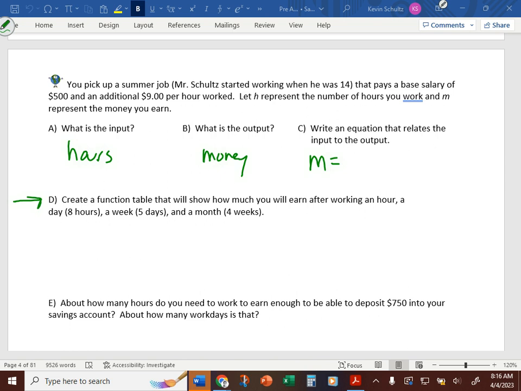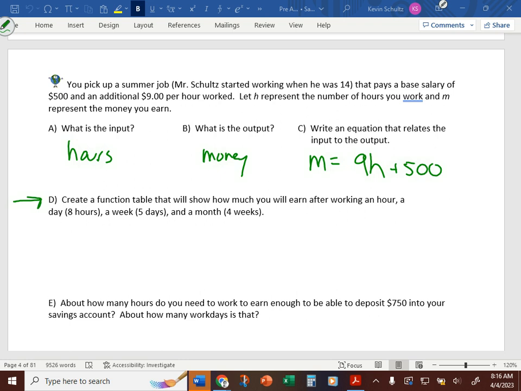So 9H is part of it, right? Because it's $9 per hour, but you also earned that $500. And you only get that $500 once, right? It's a base salary of $500. You get that once, okay? So that's going to be our constant. That's the signing bonus. You only get it once, right? And then you earn more money the more time you put in.